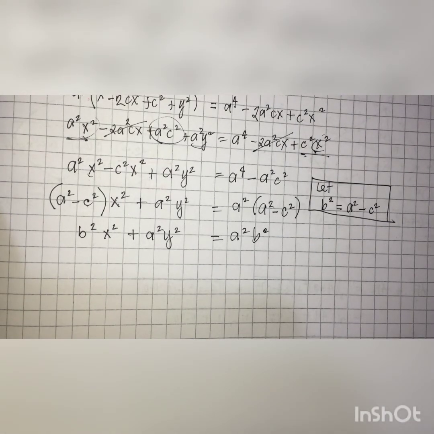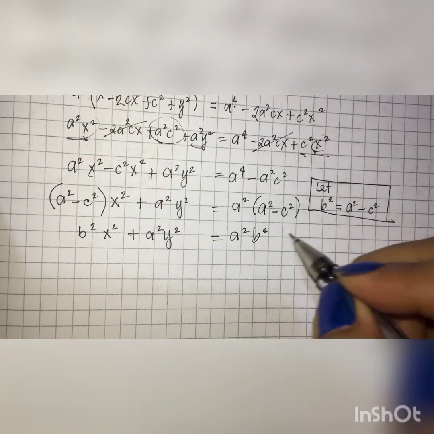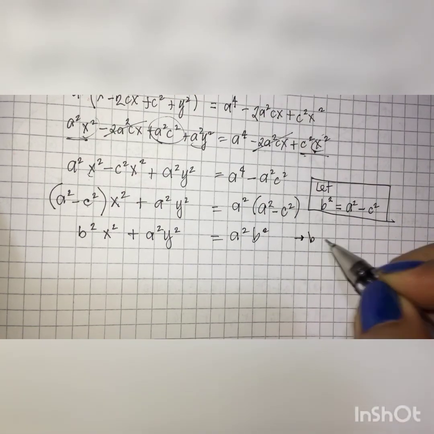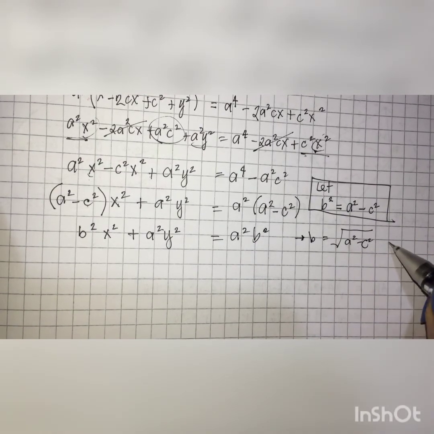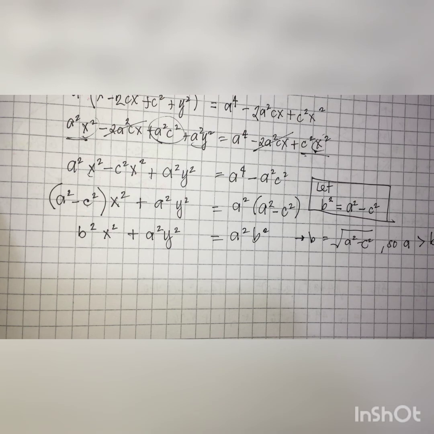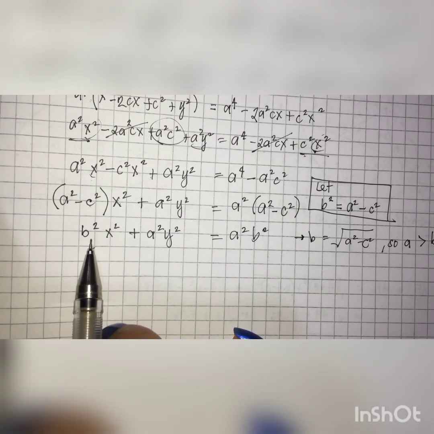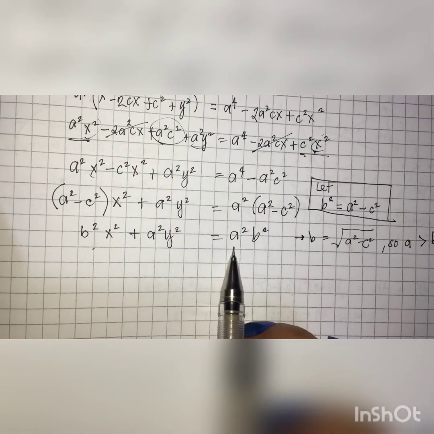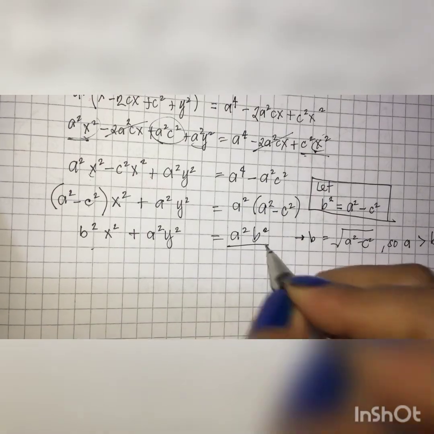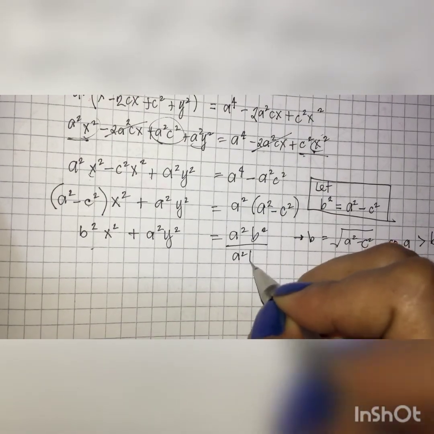By letting b equal to the square root of a squared minus c squared, therefore a is greater than b. So now we have this equation, b squared x squared plus a squared y squared is equal to a squared b squared. So we divide both sides by a squared b squared.